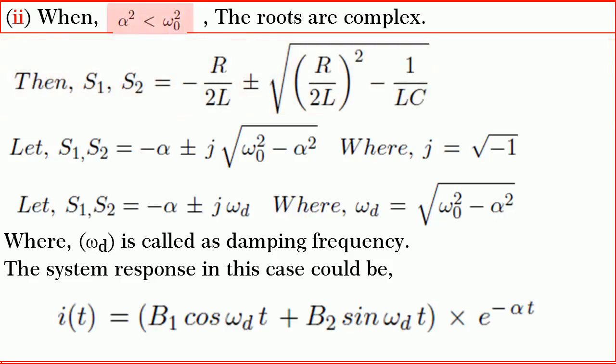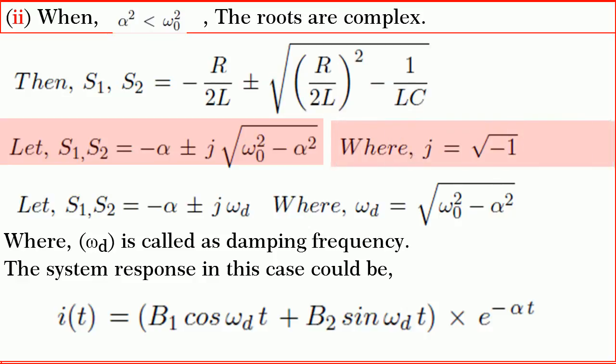Since alpha square is less than omega naught square, we see that the quantity under the radical sign will be negative. So, let us represent the roots as s1, s2 is equal to minus alpha plus or minus j into square root of omega naught square minus alpha square, where j is equal to root minus 1.